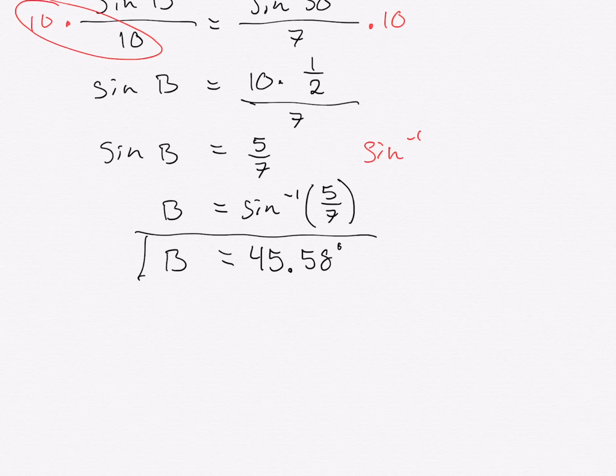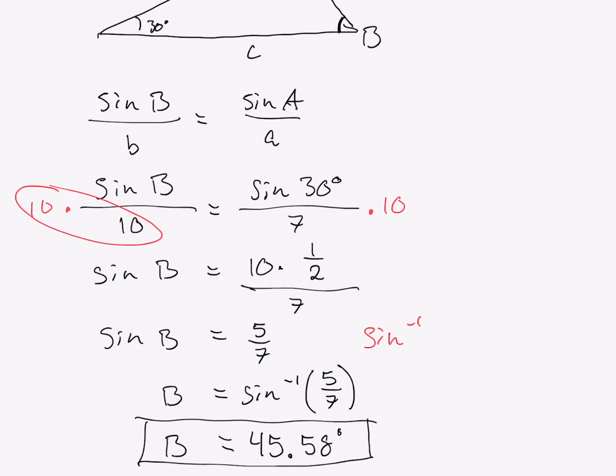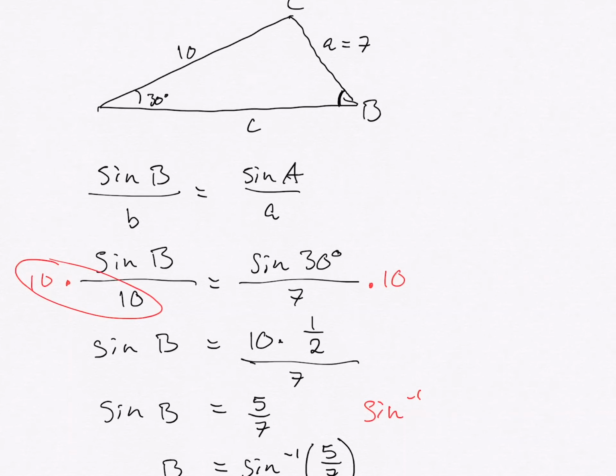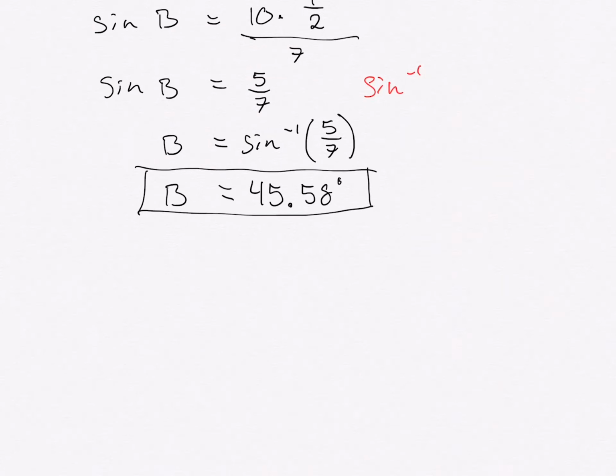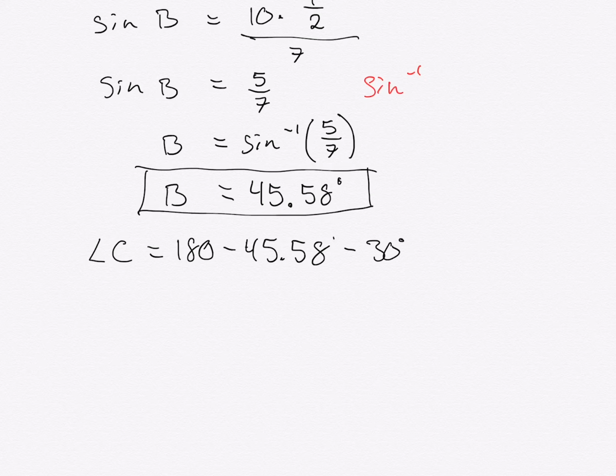This is part of our solution, and if we go back and look at our diagram, if you wanted to, you could fill in that angle measure right here. That's angle B. Now we've got another pair, which is nice, but it also means that we can find the measure of angle C by taking 180 degrees, subtracting the 45.58 as angle B, and subtracting the original 30 degrees from angle A, and we find that our C value is 104 degrees.